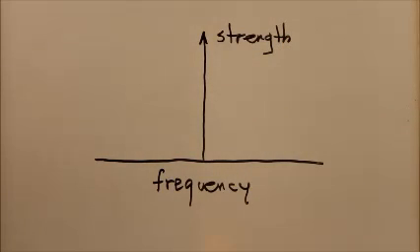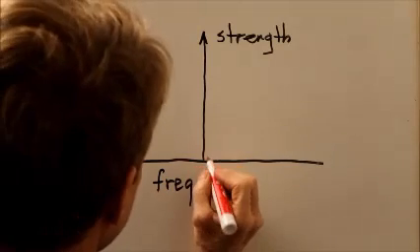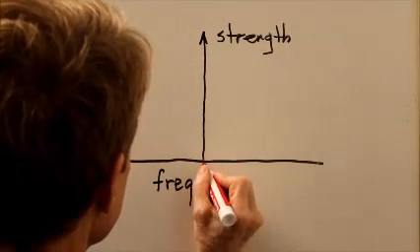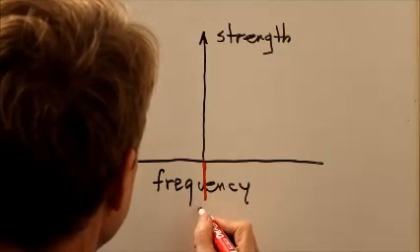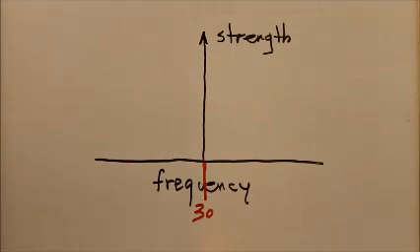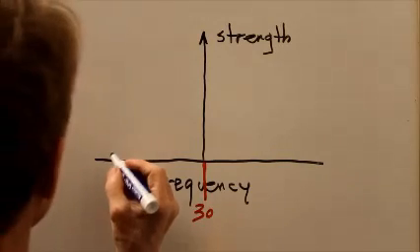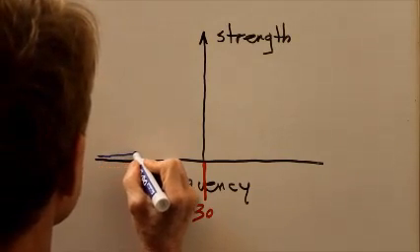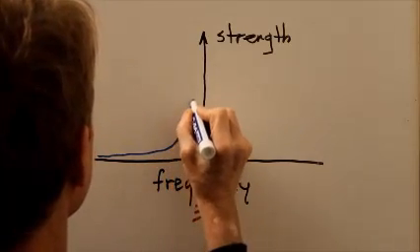We apply a signal to that circuit at one end and see what we get at the other end. The resonant frequency is 30 megahertz right here. With the 10 ohm resistor, we might see a frequency response something like this.